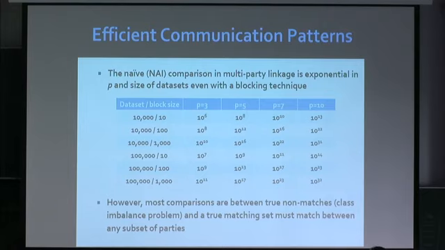However, most comparisons in record linkage are between true non-matches due to the class imbalance problem. And in order to identify a true matching set across all databases, it has to be a matching set between any subset of parties.